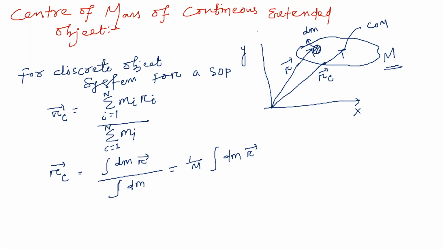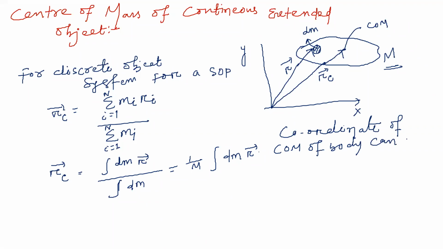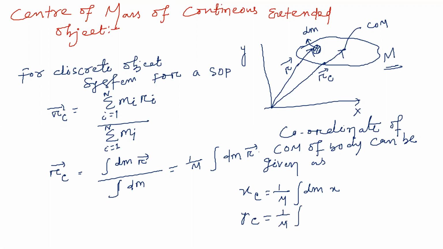Just write. So finally you can write the coordinate of the center of mass of the body can be given as xc is equal to 1 by m integration dm x, and similarly yc is equal to 1 by m integration dm y.